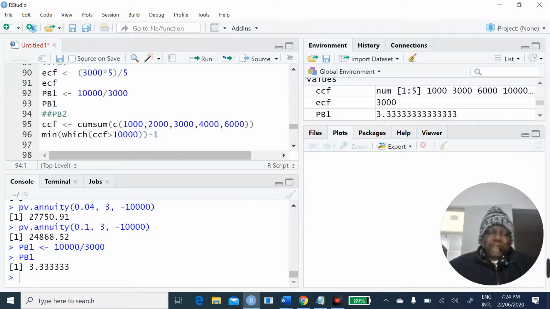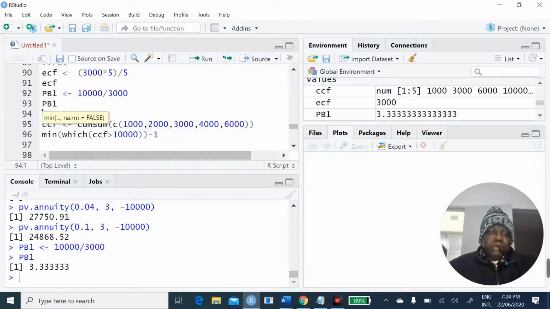This is very simple to calculate manually, but you know, if you have so many years or you are dealing with fractions and so on, it will be difficult. So it's better to use the code. This is the code here.